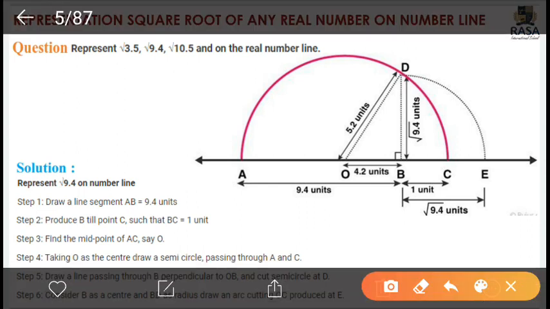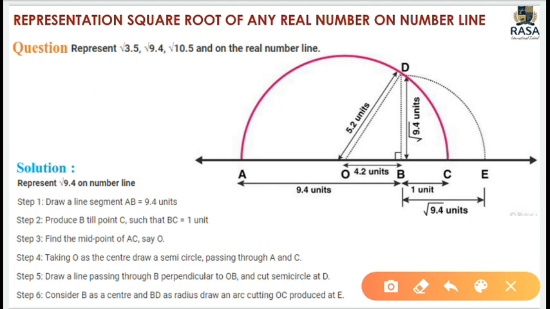First of all, we draw a line segment of length 9.4 units, that is AB is equal to 9.4 units. Second step, we produce BC by extending B till point C, of 1 unit.